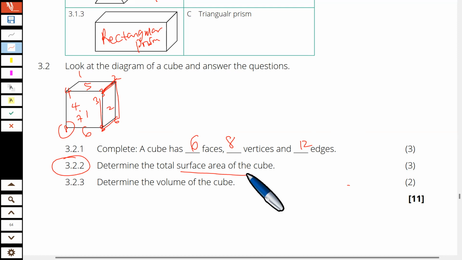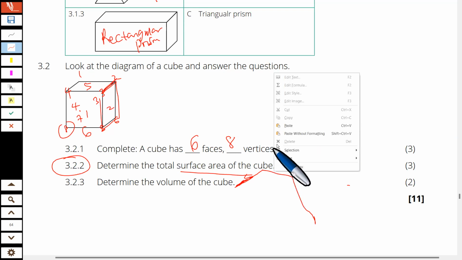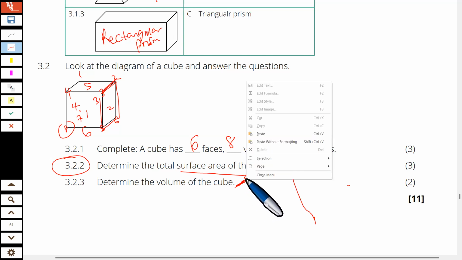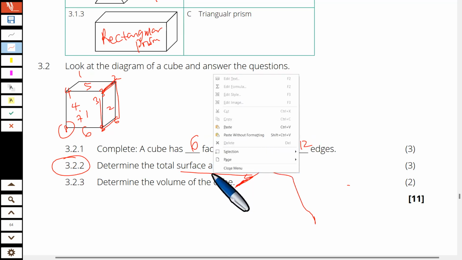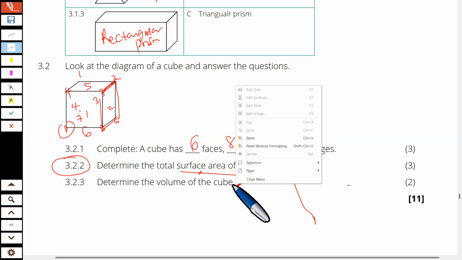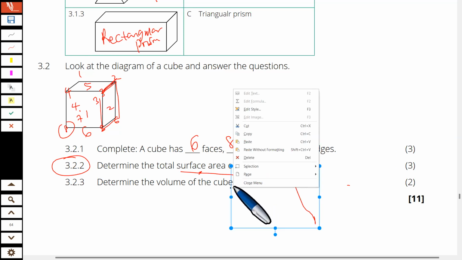Total surface area of the cube. What do you think? Surface area. Six.